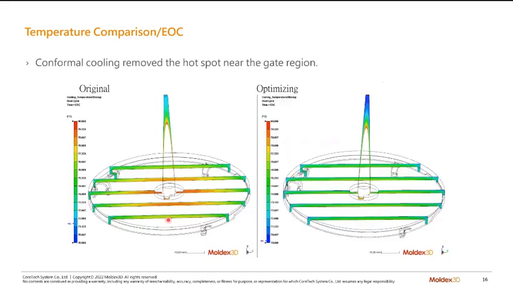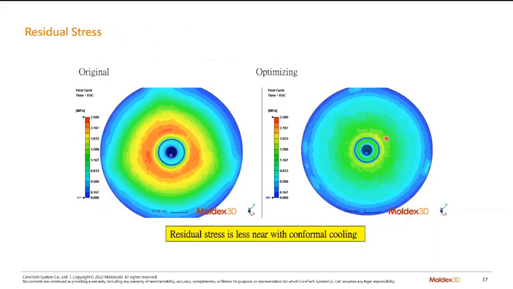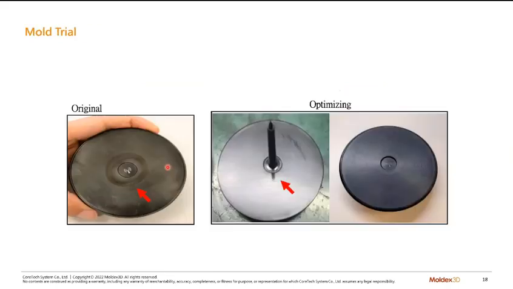If we look inside the cavities, the temperature is quite uniform compared to the original one. Then they checked the stretch mark, and it is much lower than the original. They used this design for the tooling, and the stretch mark was removed.